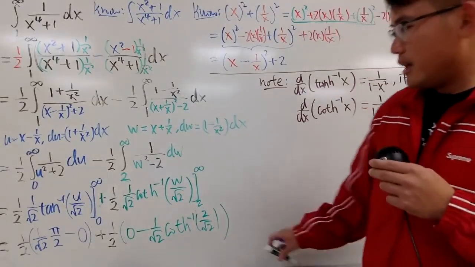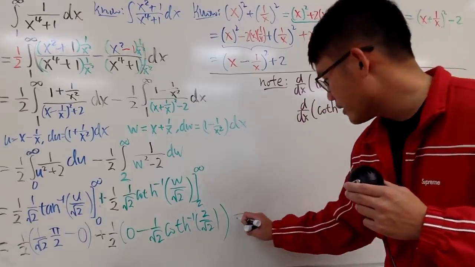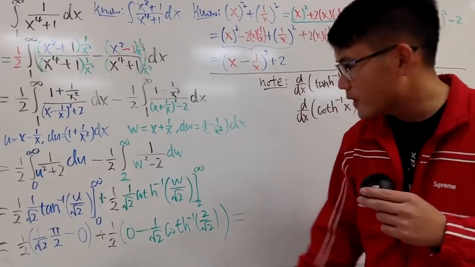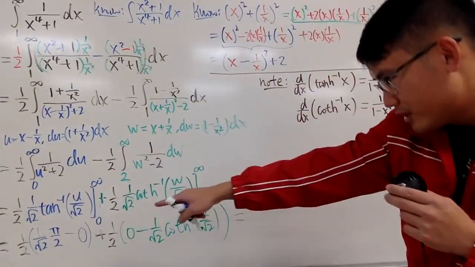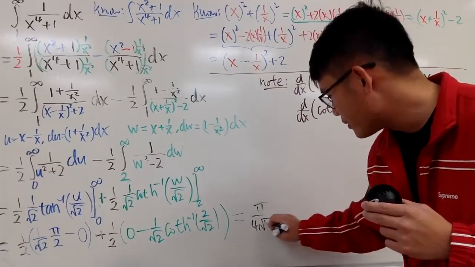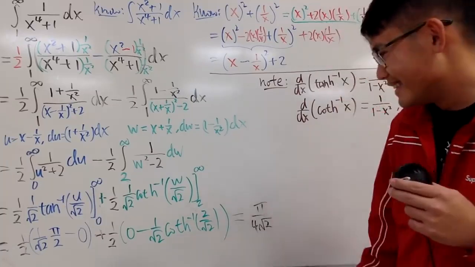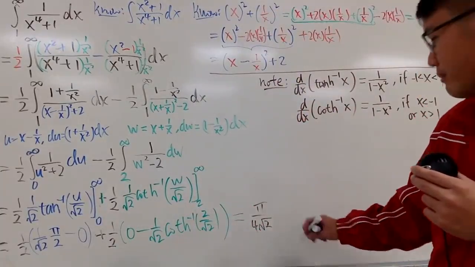Whew. And in the end, of course, if you want to do a few things to simplify this expression, yes, we should, and let's do it together. 2 times 2 is 4, and then we have pi and all that. So the first part we get pi over 4 square root of 2. That's good. Next, you have this times that, which is a minus.